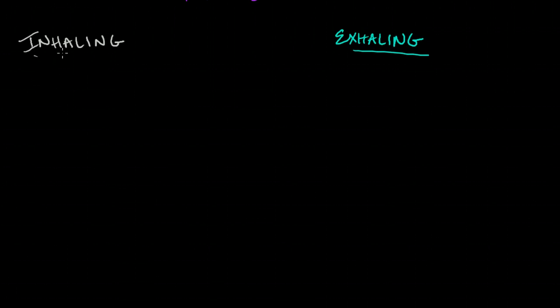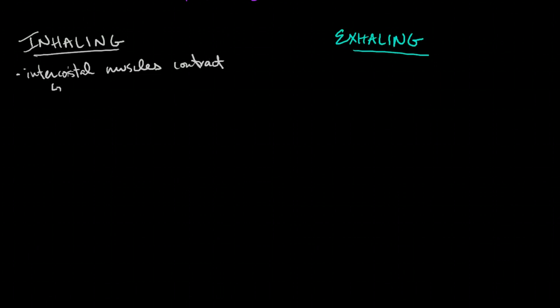Okay, so let's talk about inhaling. So this is when you breathe in. So your intercostal muscles contract. Now your intercostal muscles are the muscles that are embedded within your ribs.